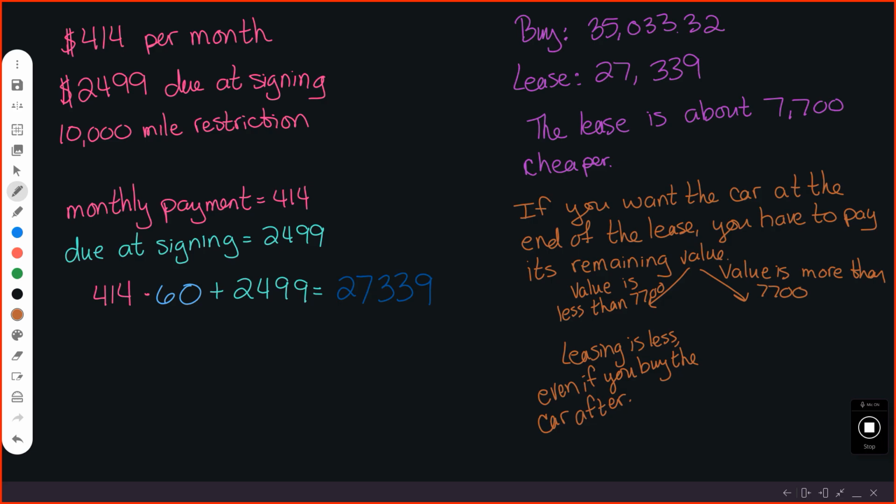If the value of the car at the end of the 5 years is more than $7,700, buying is a better value.